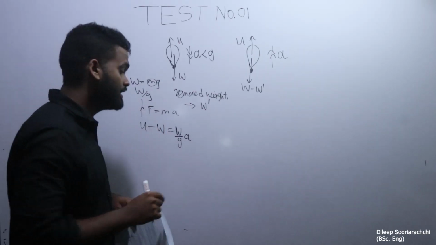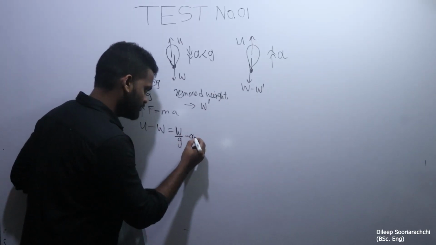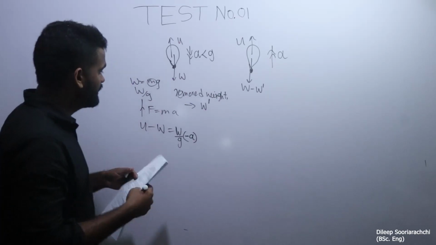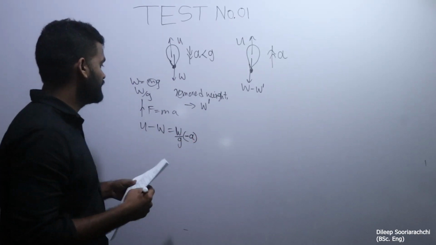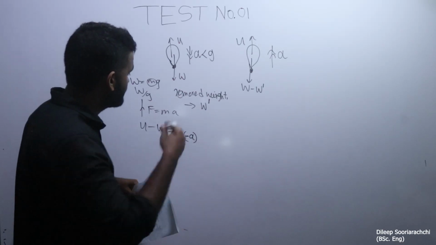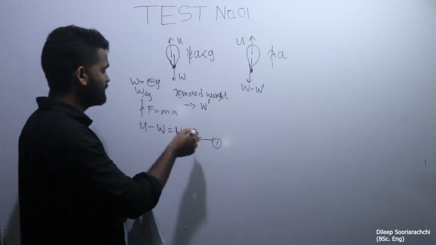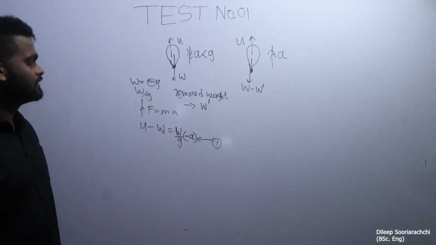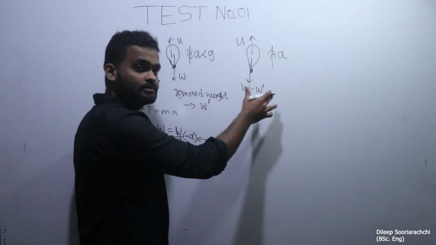All you have to do is make this acceleration upwards. So the acceleration upwards is minus a, right? It doesn't matter. Then again, so this is the equation for the first case: U minus W, this one. Then I'm applying the equation for this one. F equals ma.